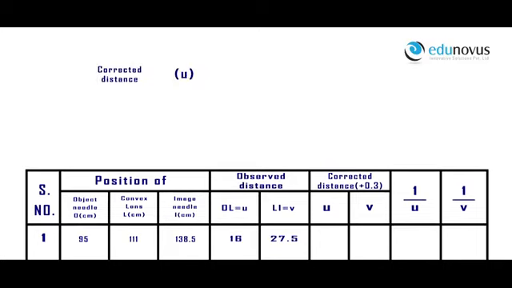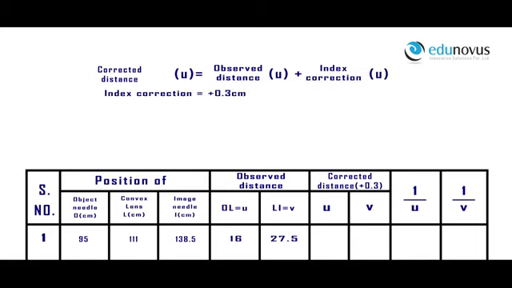Corrected distance U is equal to observed distance U plus index correction U. Index correction is equal to plus 0.3 centimeters. Therefore, corrected distance U is equal to 16 plus 0.3 centimeters, which is 16.3 centimeters.